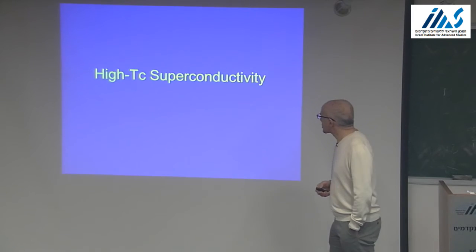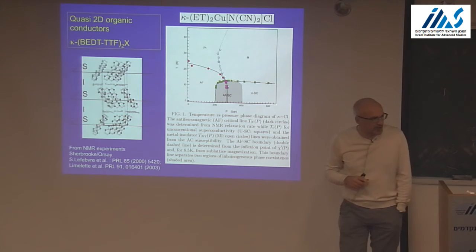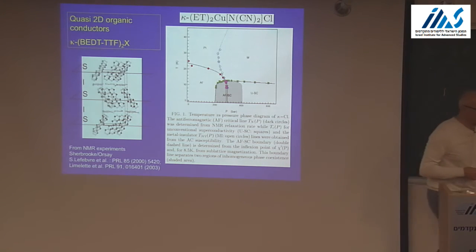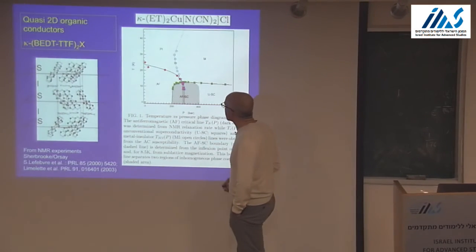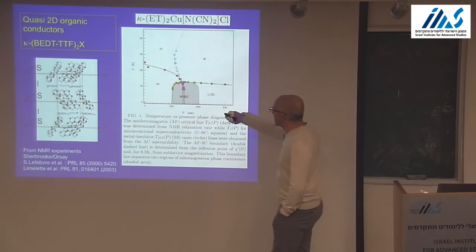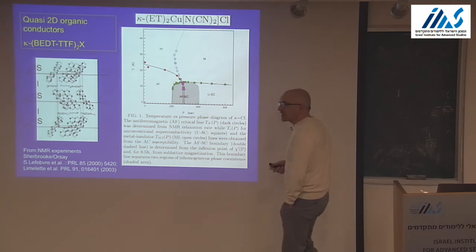emphasize this too much. Steve also talked about high TC superconductivity. This is another high TC superconductor by all standards. This is the two-dimensional organics. I already showed this phase diagram. Senthil mentioned these systems. And you see here that this material has a TC of about 14 Kelvin, something like this.